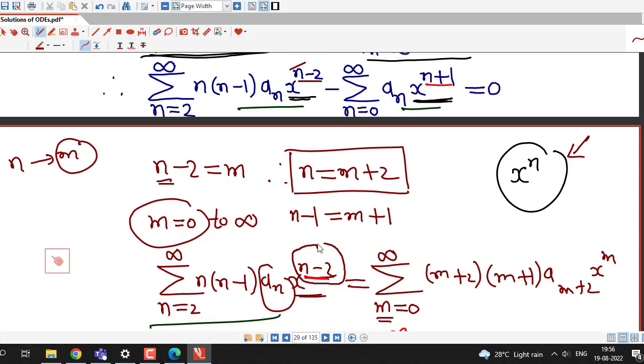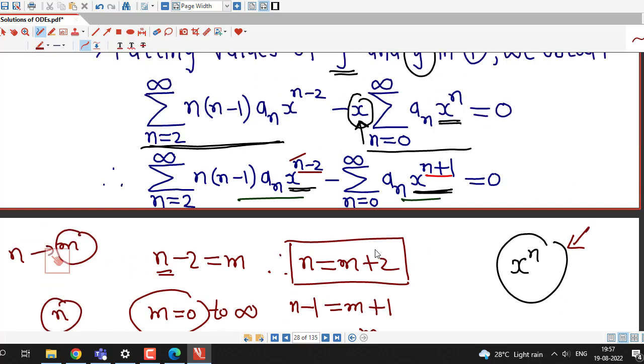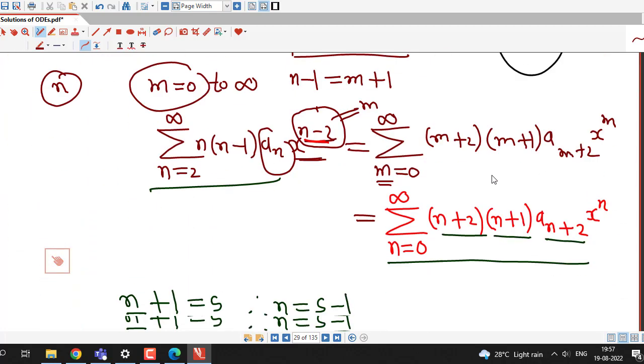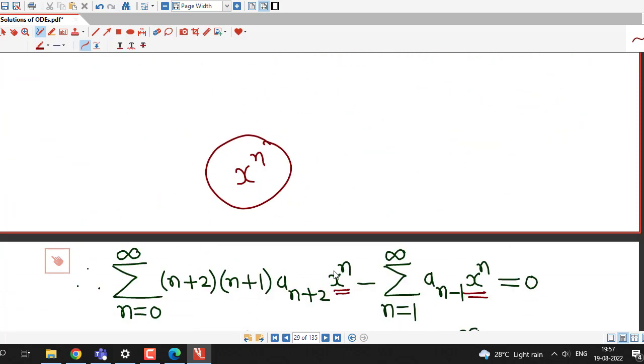If I am not having nth power, I will assume that power equal to say m or s as I need, and then I will be able to write summations in such a way that I have nth power of x. That is my first modification of this equation. Okay, fine. So I have converted those two summations such that I obtain x raised to n.